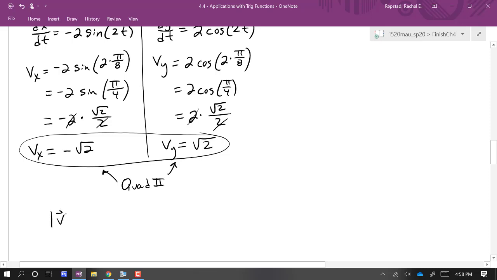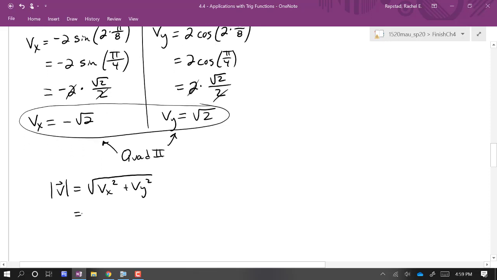The magnitude, we're going to use Pythagoras for. So the square root of 2 plus 2, or the square root of 4, which is of course 2. So there's our magnitude.